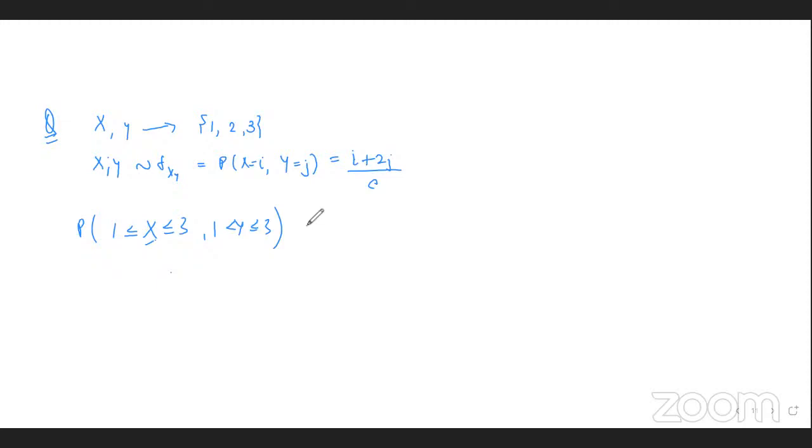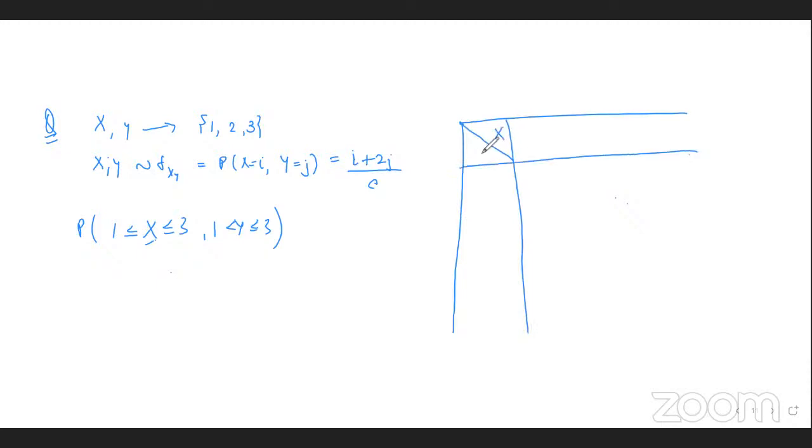I've calculated the PMF table, the joint probability matrix. And after that, what should be the next step? I'll make a joint distribution table. So what values is x taking? It's taking 1, 2, 3, and y is also taking 1, 2, 3.